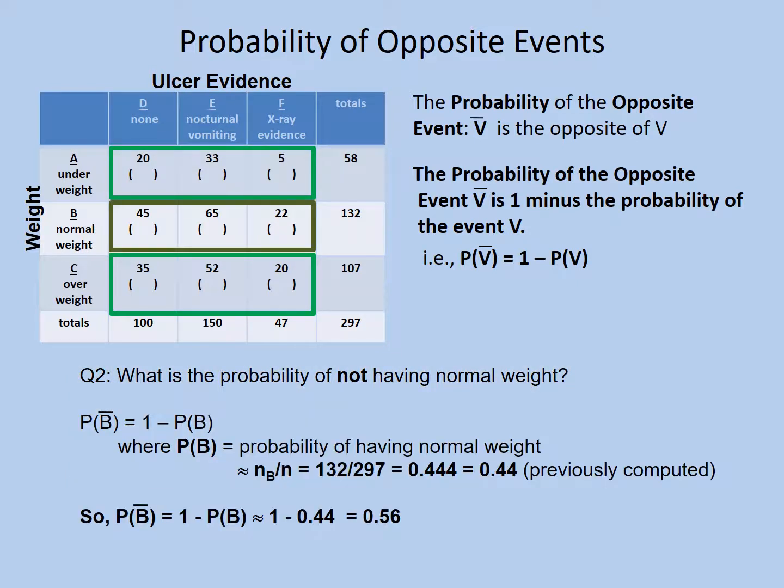P of B is approximately equal to N sub B over N, which is equal to 132 over 297, or 0.44 rounded to 2 decimal places. Therefore, P of B bar equals 1 minus P of B, which is approximately equal to 1 minus 0.44, or 0.56.